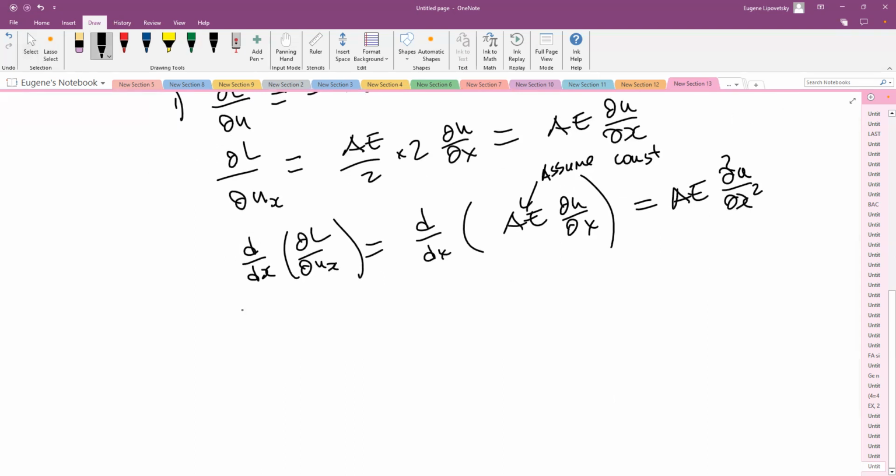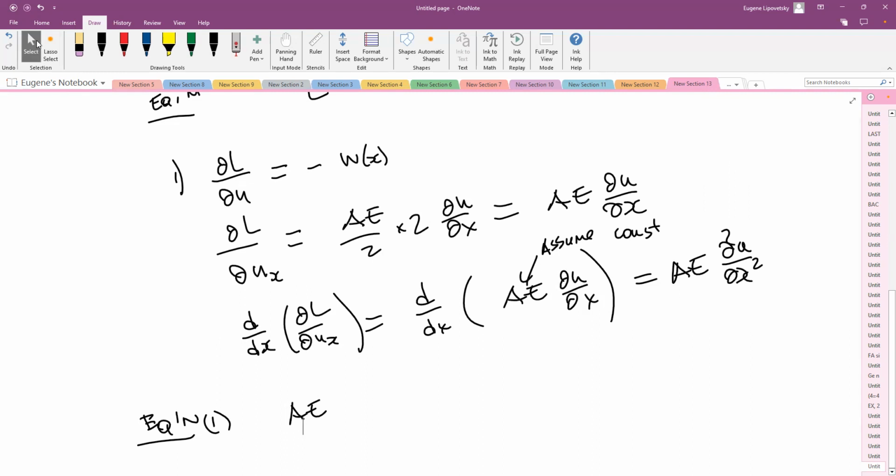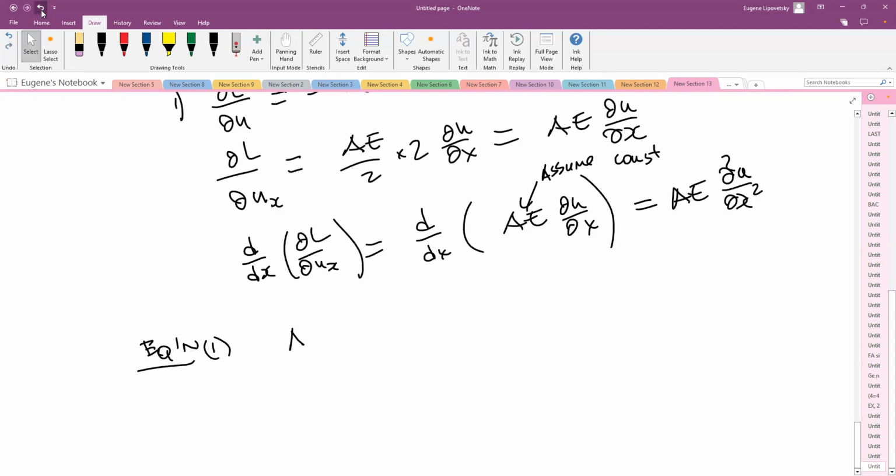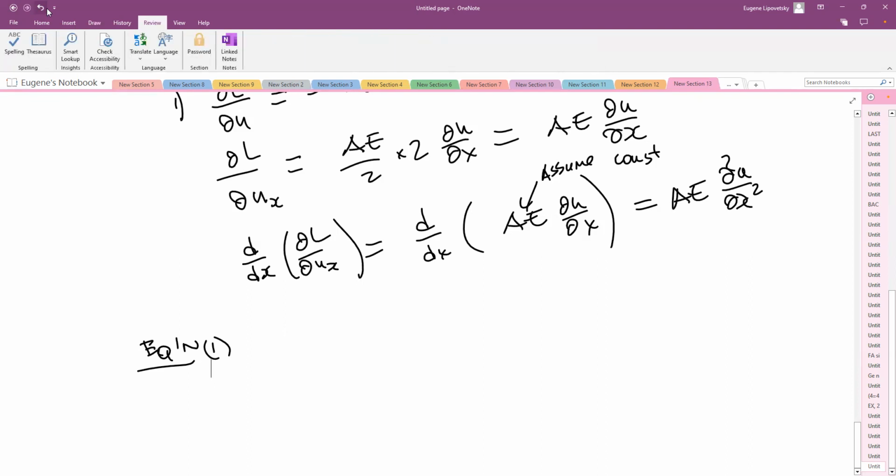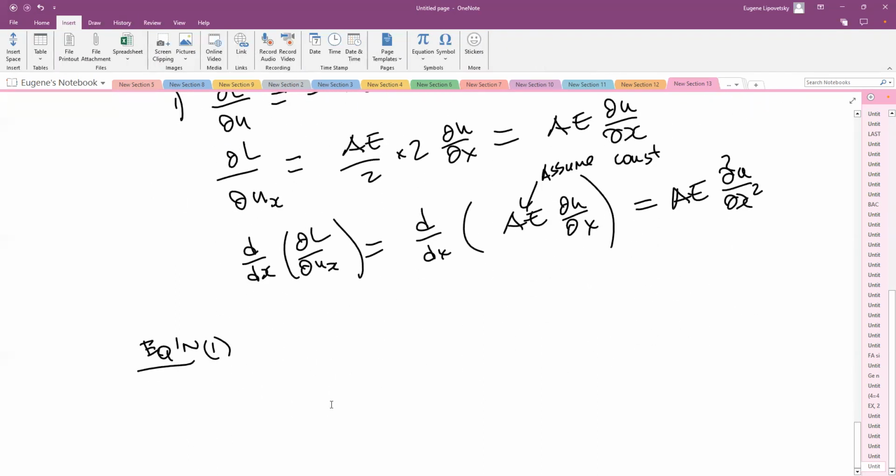So the differential equation, equation 1, as part of this one will be AE, just a second, did I? No, sorry, I missed this one. Minus W minus AE d squared u over dx squared equals 0. That's equation number 1.